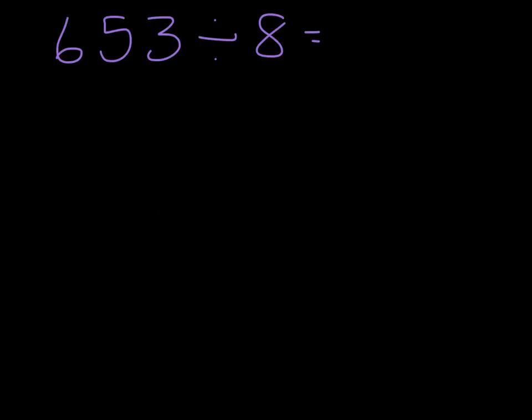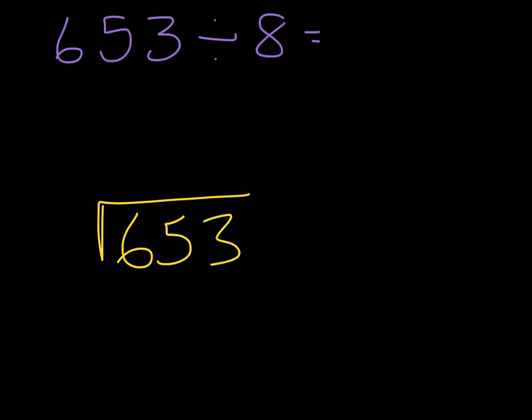Let's try that again, but we're going to try a slightly different method this time. Set it out exactly the same, 653 divided by 8. Now, we got so far in that it's 0 8s, remainder 6, 8 8s is 64, remainder 1, 8s into 13, go once.